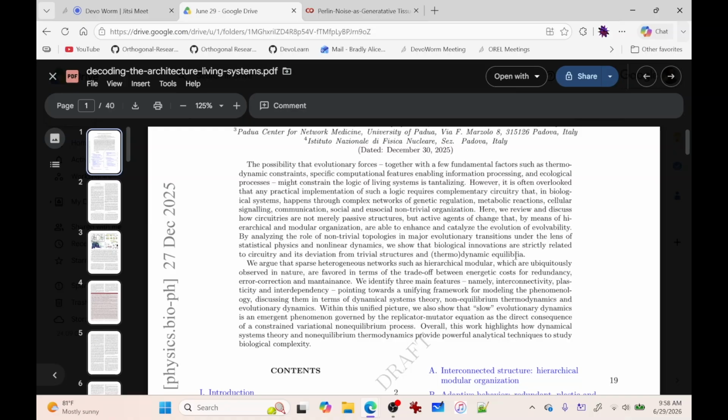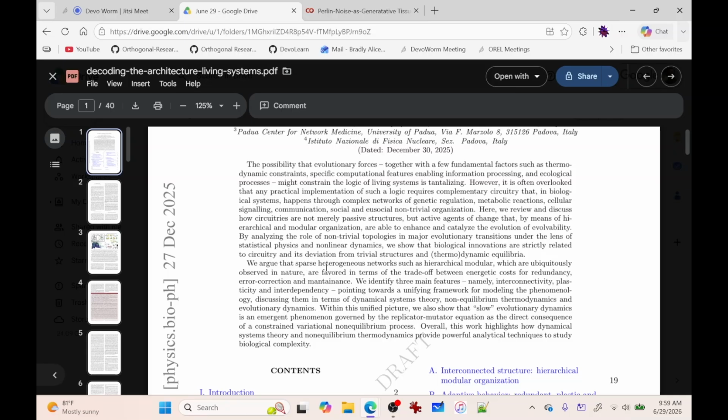And then we can build this brain, we can build the tissues, and we can build the behaviors from that. Deviation from trivial structures and thermodynamic equilibrium means that the system is out of equilibrium, and it's not building trivial structures, it's building the circuitry. So biological innovation, we can tie this to specific changes in circuitry over time.